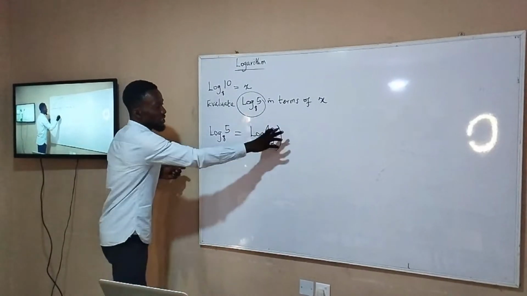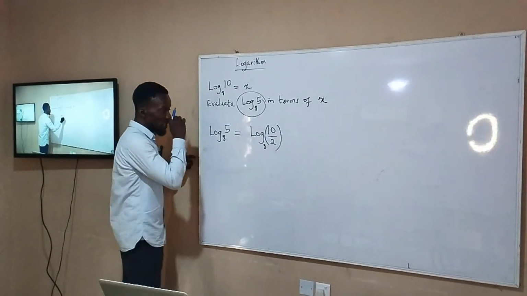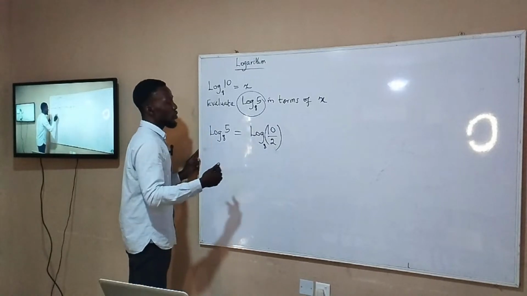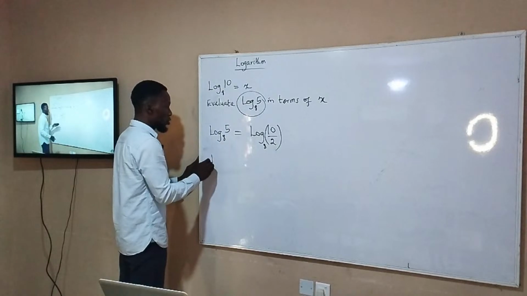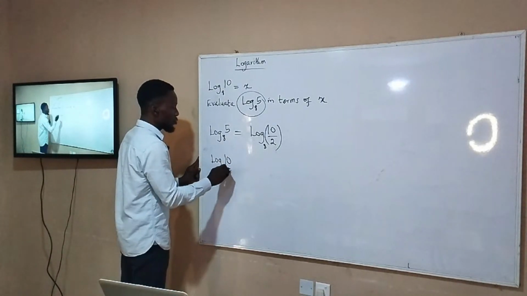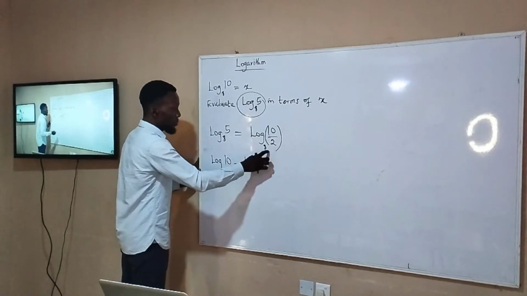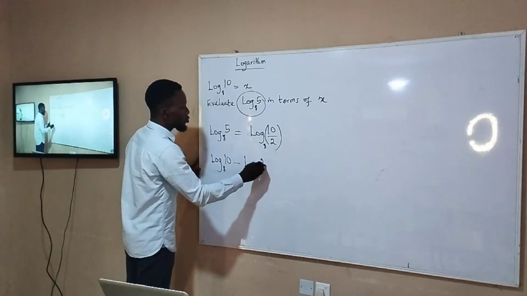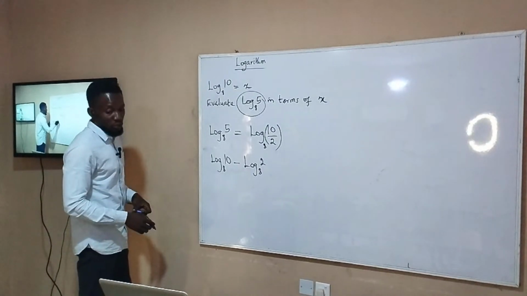So to solve this, I will apply second law of logarithm, which is if I have log a over b of base n equals log a base n minus log b base n. So I will say log 10 base 8 minus log 2 base 8. Is that taken?